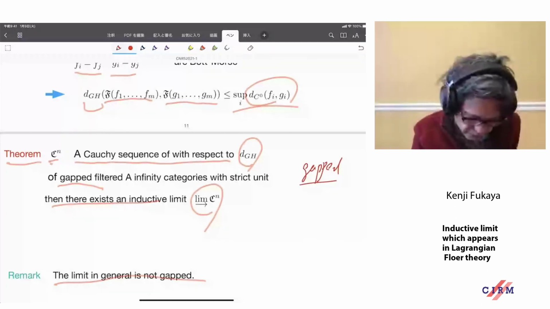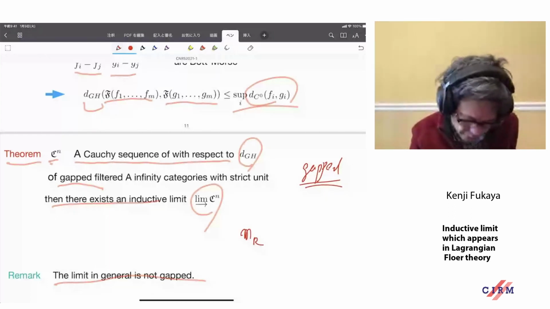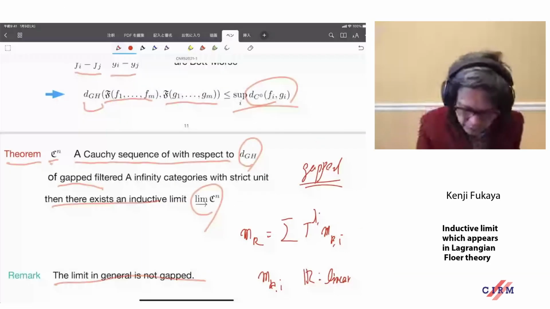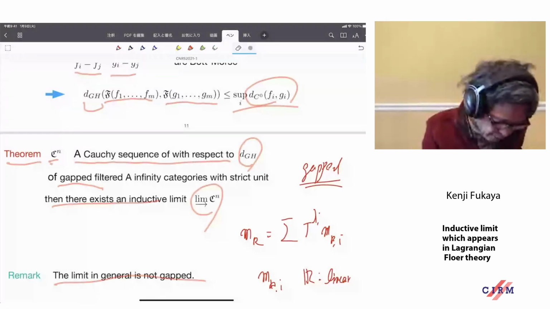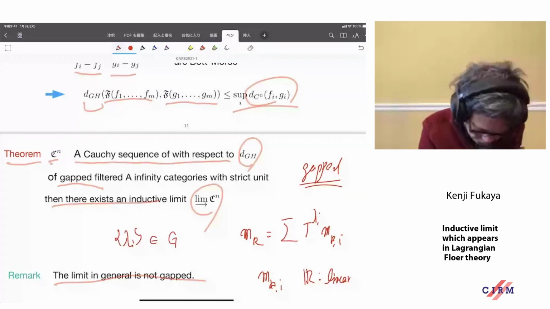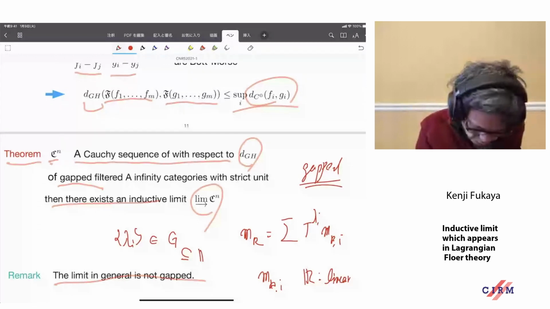Gapped means that you have these infinity operations, and this is something like the sum. So m_k,i is something like R-linear. So our filtered infinity structures have this kind of form, and this lambda i should be contained in some G, and G is some discrete set of non-negative real numbers.